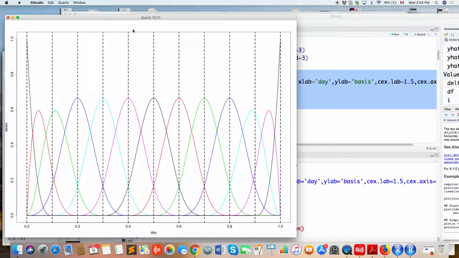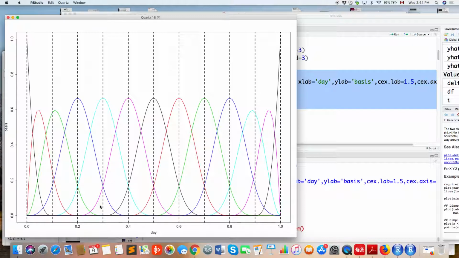Here, each color represents one basis function. You can see that these basis functions all look like a bell shape, except at the boundary part.